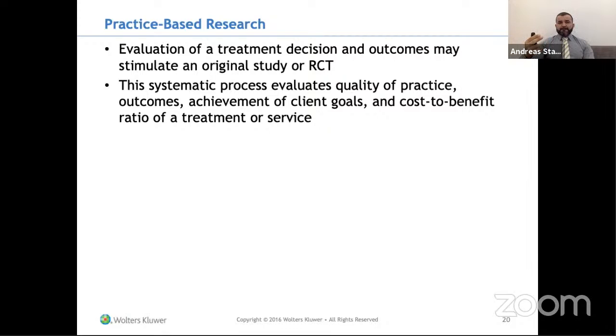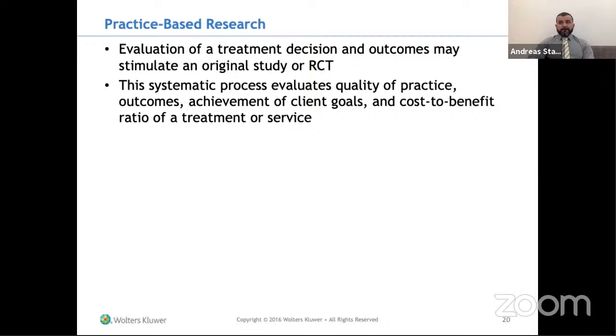So practice-based research is not what we call before evidence-based research. It usually comes after the evidence-based. So we have the evidence, and then we apply it. Once we apply it, we get some feedback. That is practice-based research.